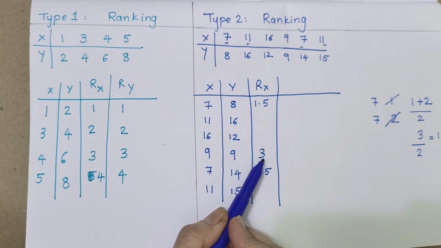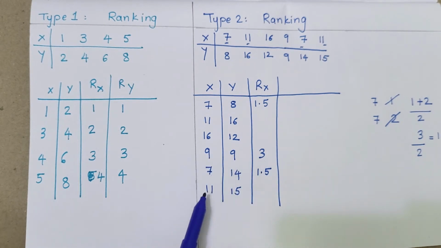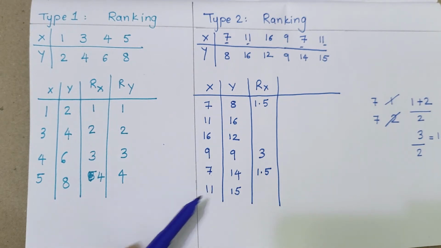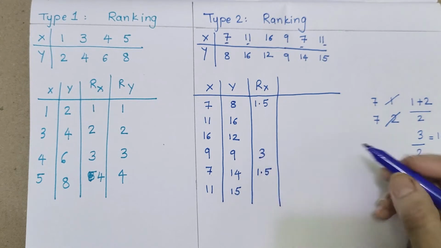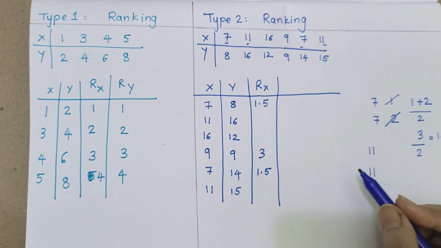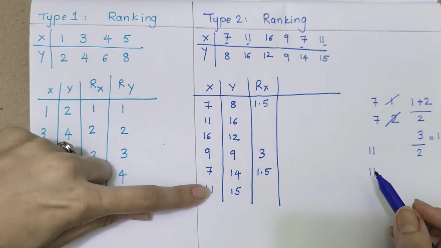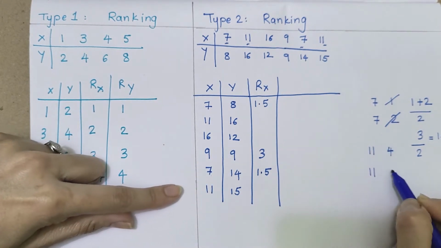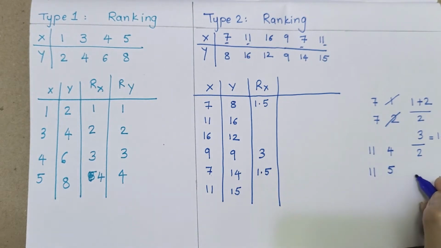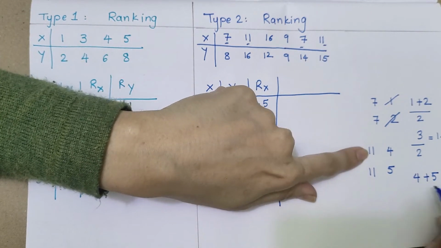After 3, now next is 4. So 11 is on 4, okay? Because 16 is greater than 11, so 11 will come first. Now you will see that 11 and 11 are sharing which ranks? 4 and 5. So they are sharing the 4th and 5th positions. Now 4 plus 5, and how many elements are there? 2.